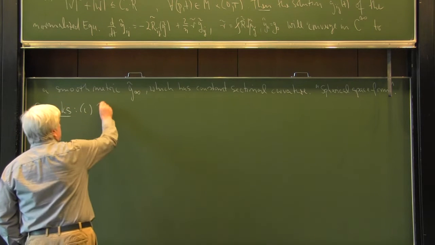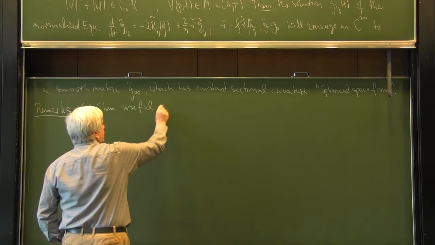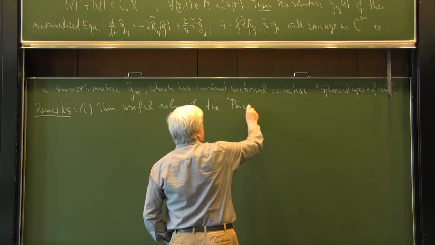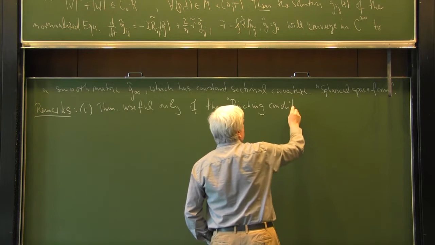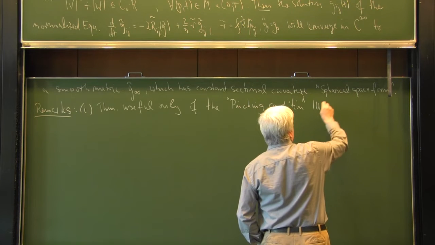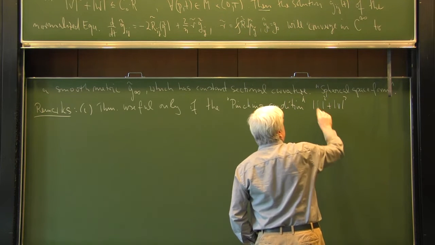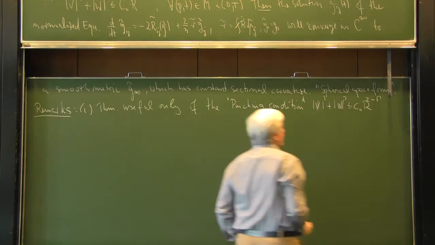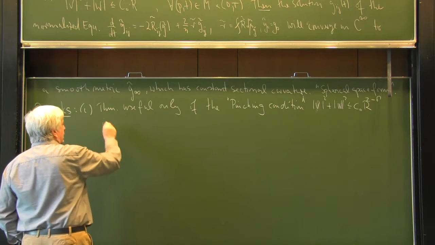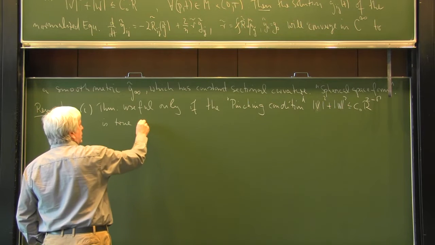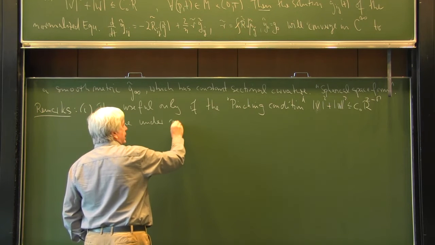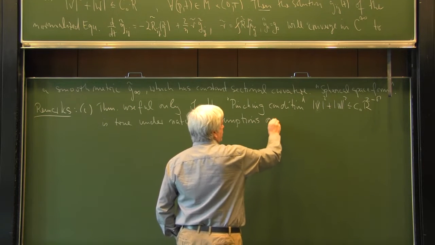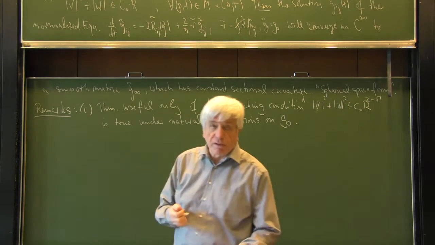So the theorem is useful only if the so-called pinching condition, U plus V squared, V squared plus W squared less than constant times r to the 2 minus delta, is true under natural assumptions on g naught. You want to make assumptions only on the initial metric, not on the whole flow.